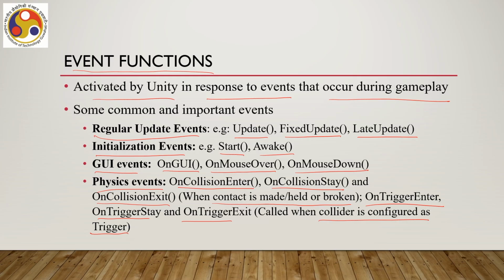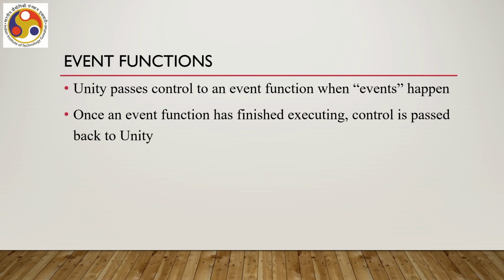All these things are already there, you can use them to impose realistic behavior, say physical behavior in the physics events based functions. Similarly, interactive behavior when you are calling GUI events functions and so on. Now, Unity passes control to an event function when events happen.